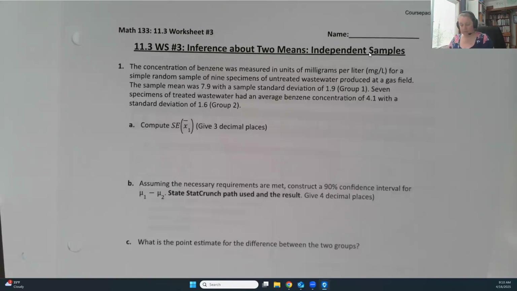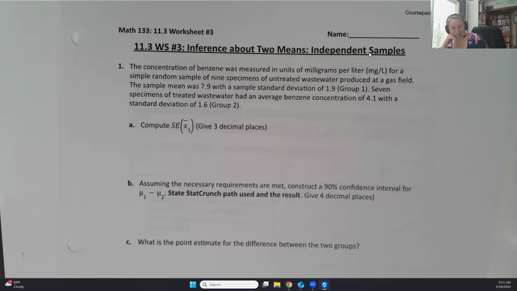So let's see. I'm just debating here. Which ones do I want to do with you? I want to do something fully. Just out of curiosity, do you feel like you need more help with confidence intervals or with hypothesis tests? What do you think? I think I might reverse what I did before.